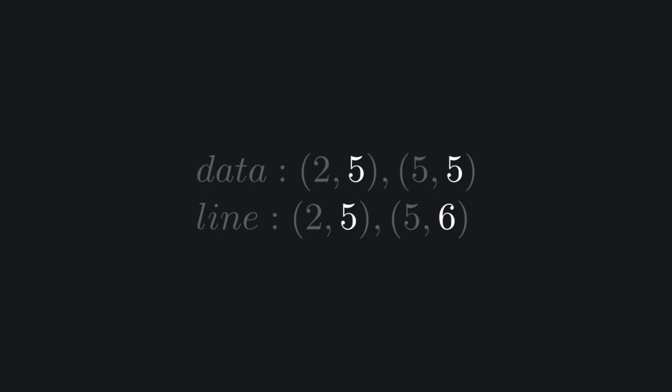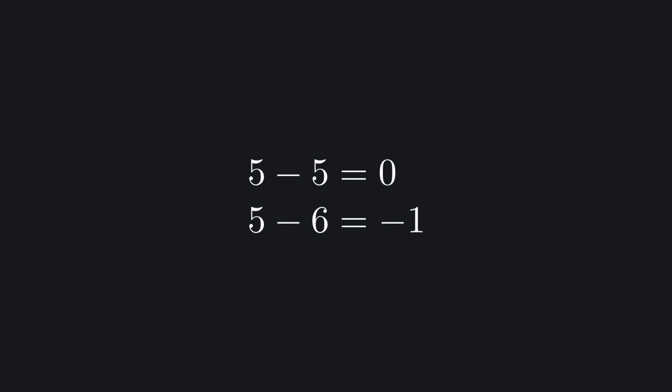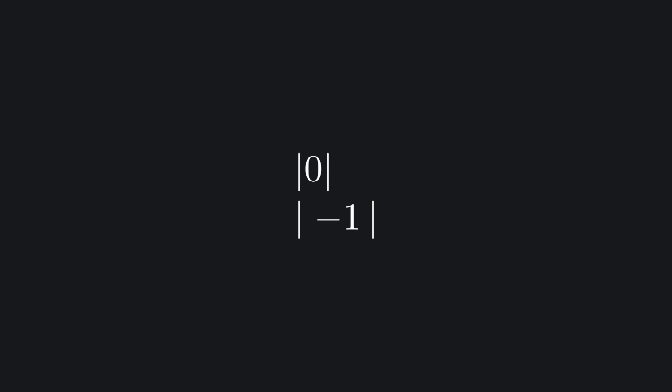One way that we can do this is by comparing the value of y for each x in our source data against the corresponding y in the line that we want to score. We can now subtract the y values for each x and take the absolute value of the result so we get rid of any signs. We can now add all the differences and so we get our score. This score is a measurement of how far away from the ideal the line is.